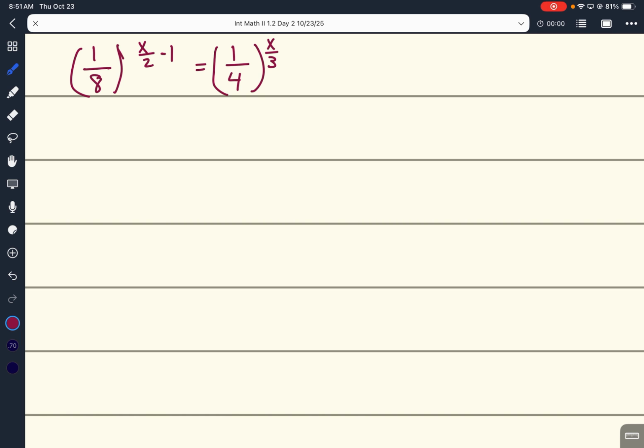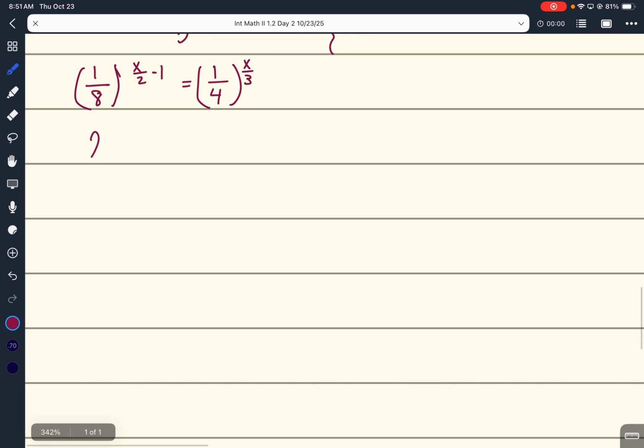And Addie said we just need to make the exponents negative, right? So I'm going to have 2 to the negative third to the x over 2 minus 1 and 2 to the negative 2 to the x over 3.